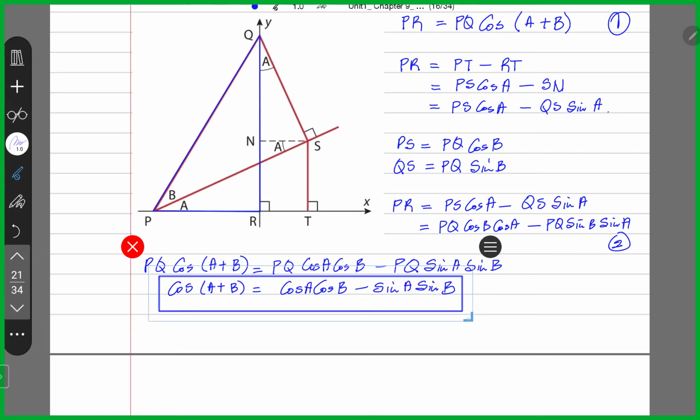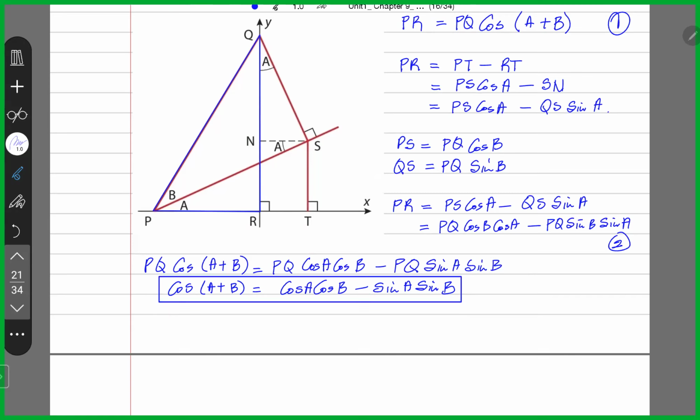What we just went through is the process you would go through to prove it to be true.